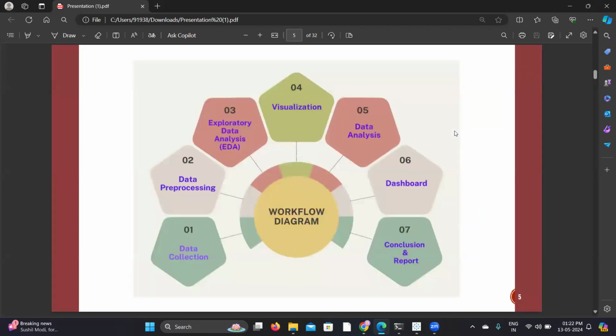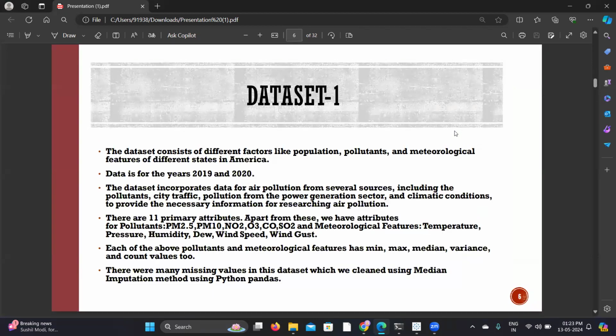This is the workflow diagram for the project, where we collected the data and pre-processed it, did exploratory data analysis, visualized and analyzed the data, created dashboards, and concluded and reported it in a document. We have two types of data sets.